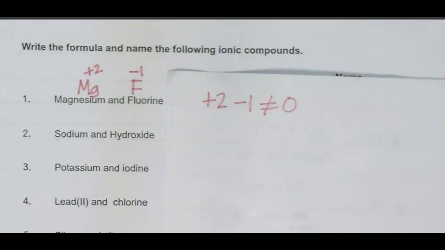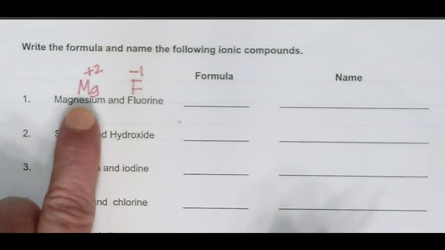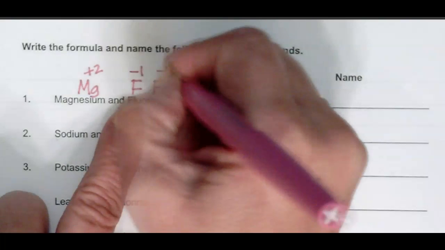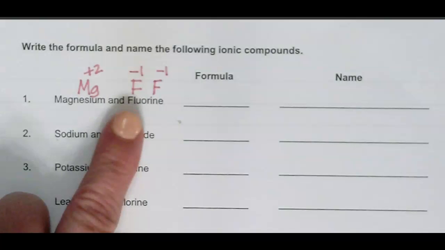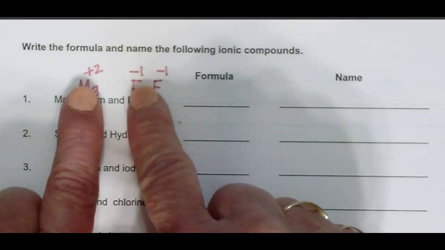Not going to happen. When I look at this problem, I have more positives than negatives, so I need another fluorine. Now I have 2 positives and 2 negatives, and that makes it 0.